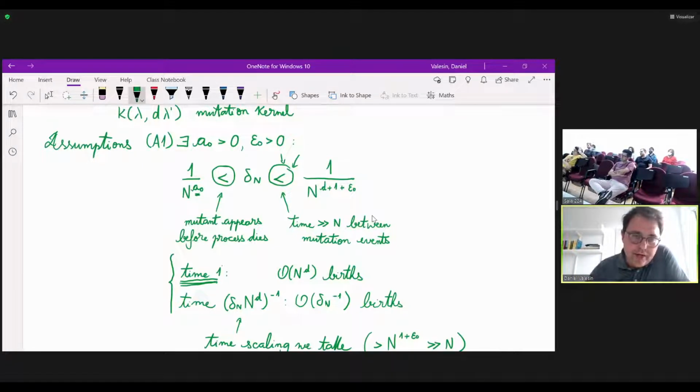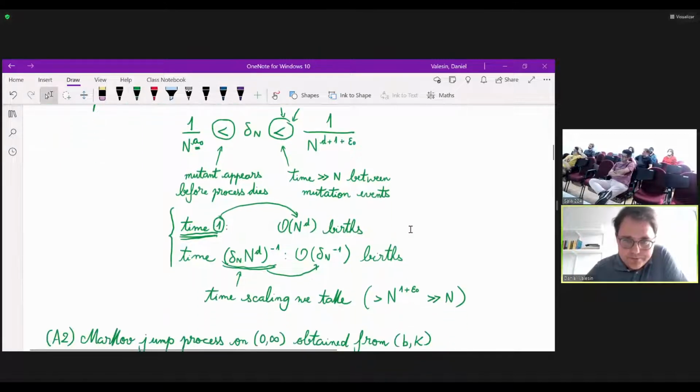So if you take time not of order 1, but of order delta n to the d minus 1, the number of births that you observe, you have to take this number, delta n to the d minus 1, and multiply it by n to the d. Because in time 1, you get order n to the d. So in a time of this amount, you have to multiply by n to the d. So you get this number of births.